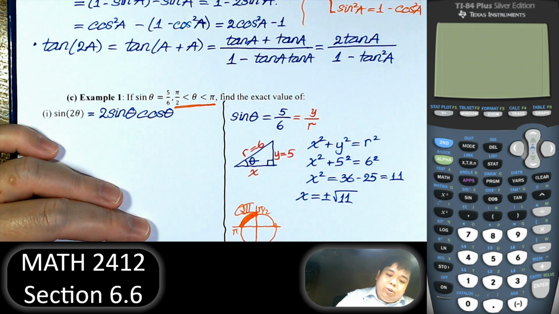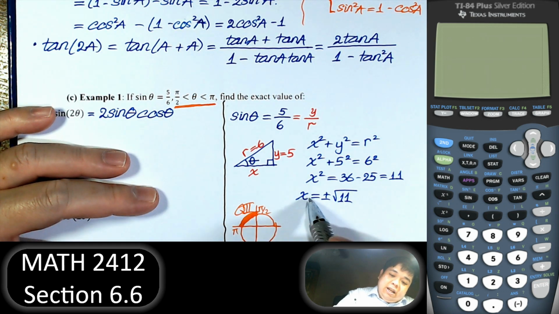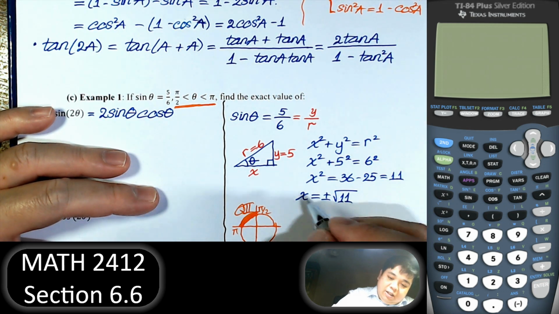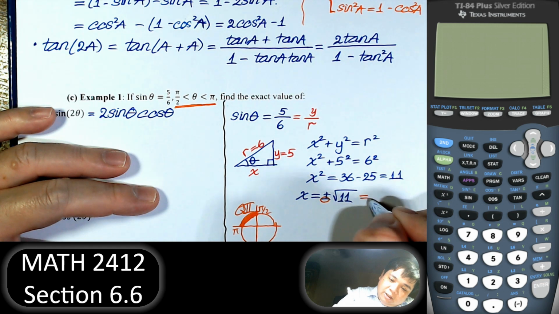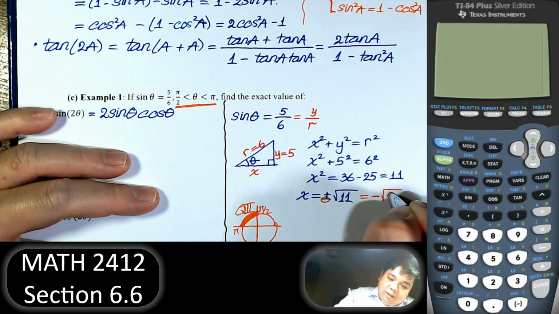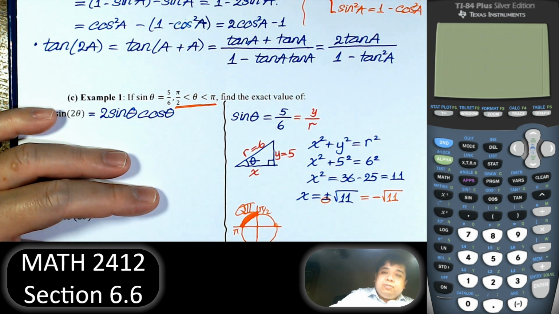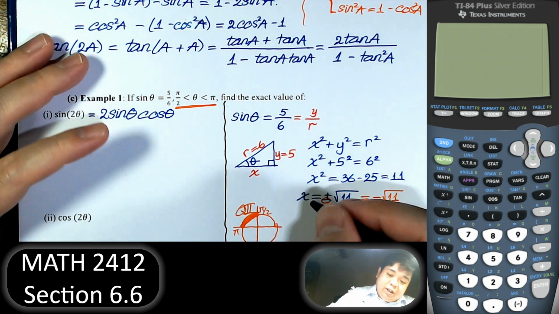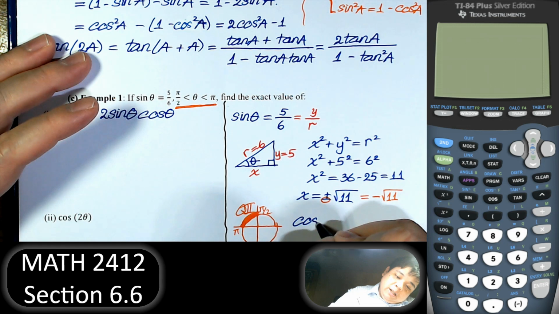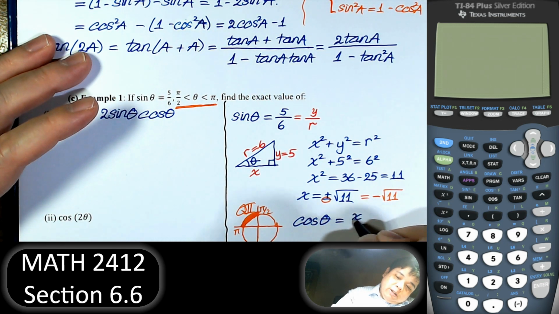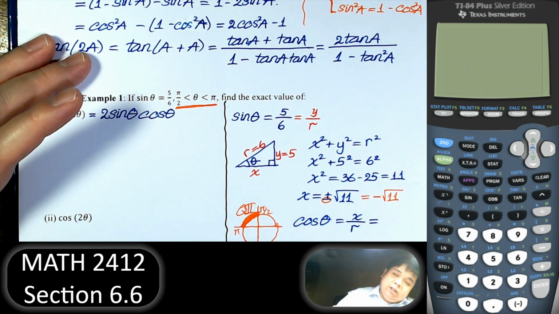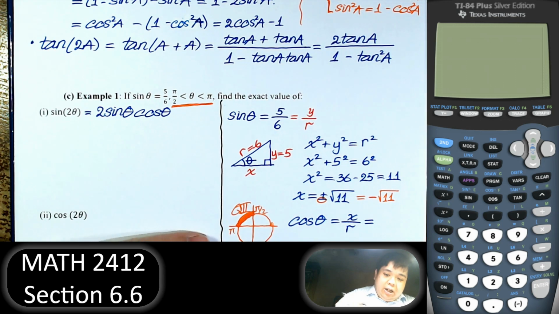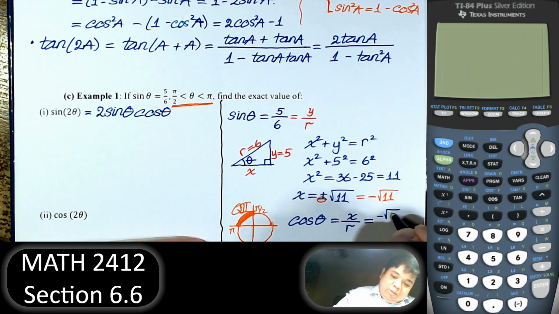And in quadrant 2, x is negative, right? So I have x, and so finally cosine is x over r, so negative square root of 11 over 6.